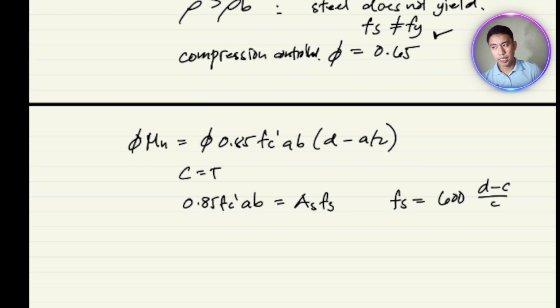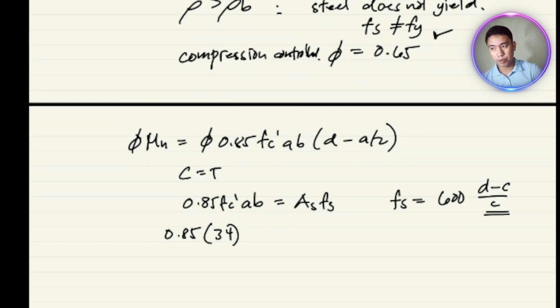Okay? And then, so let's put that in the equation. We have 0.85 fc prime 34 times a. Okay? Now, dito naman is in terms of c, yung fs natin in terms of c.